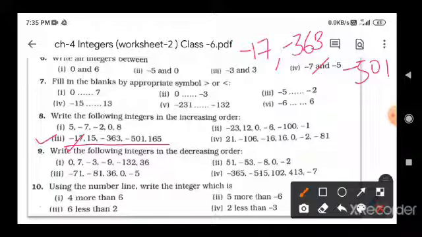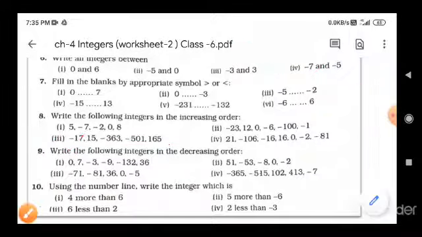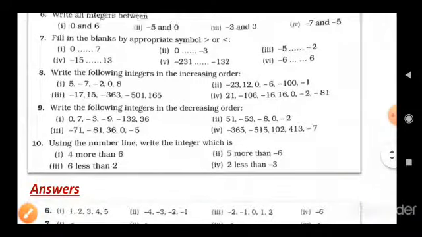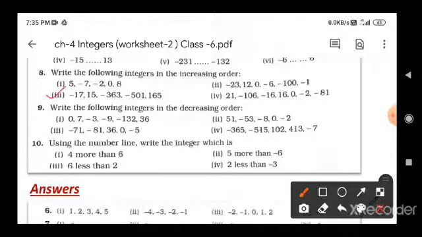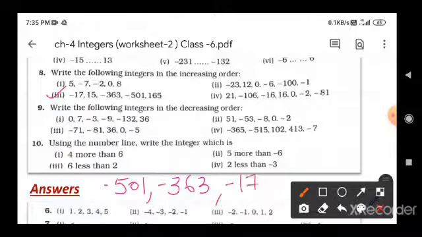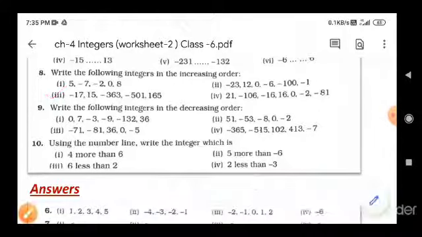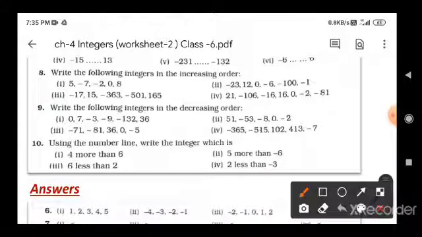So I am writing this answer at the bottom. Let me write here. Here I have this space, so I am writing here -501. Then I think -363. After this -17. So this is the increasing order of the given numbers, but I have written only the negative numbers.